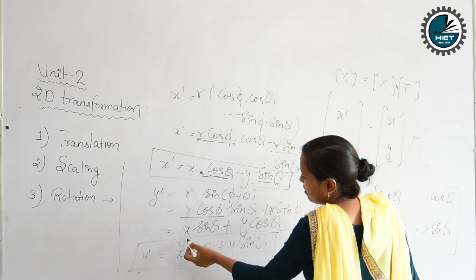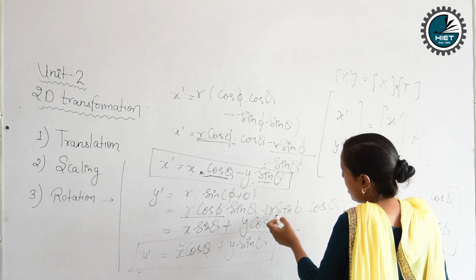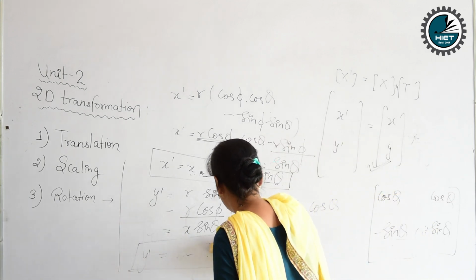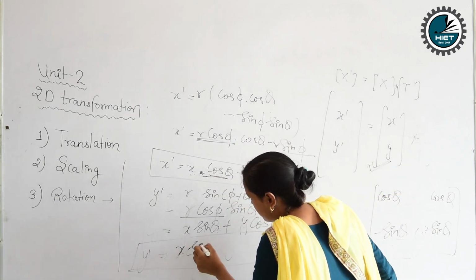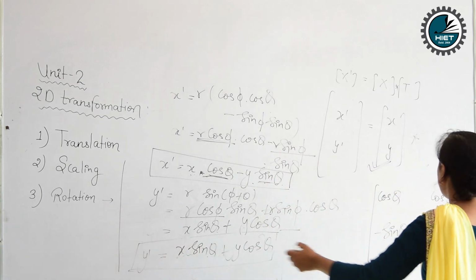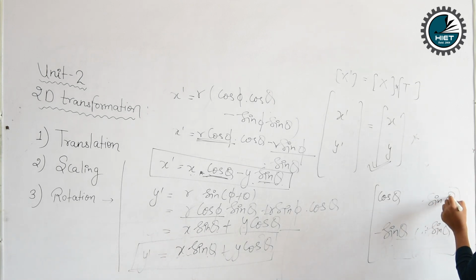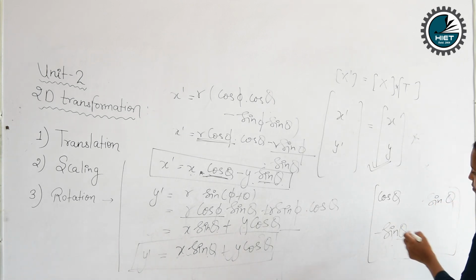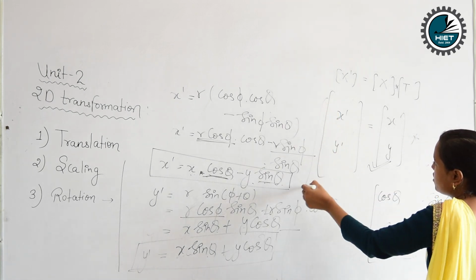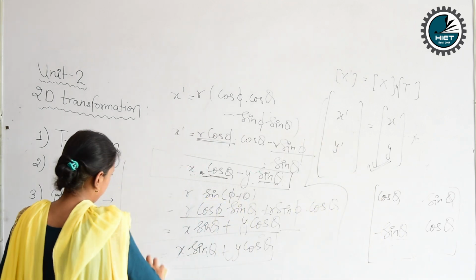So x dash is x cos theta minus y sin theta, and y dash is x sin theta plus y cos theta. This is the generalized matrix representation of rotation.